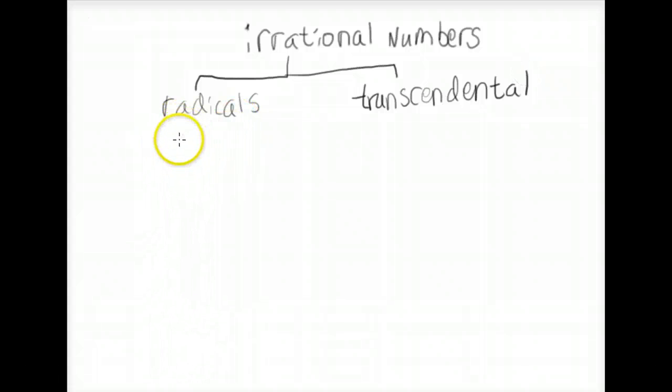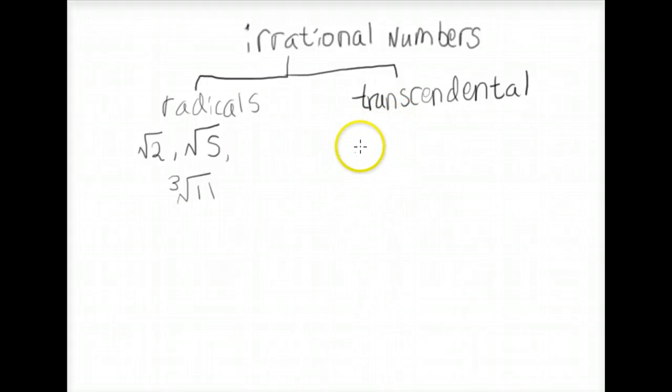Those are anything that involves a radical, such as root 2, root 5, the cube root of 11, and so on. Transcendental numbers are special numbers that cannot be expressed as roots of integers. A couple examples of those are pi, which I'm sure you're familiar with. Maybe one you're not familiar with is the number e, and that's something you'll get more into in pre-calc and calculus. But those are the main types of irrational numbers.